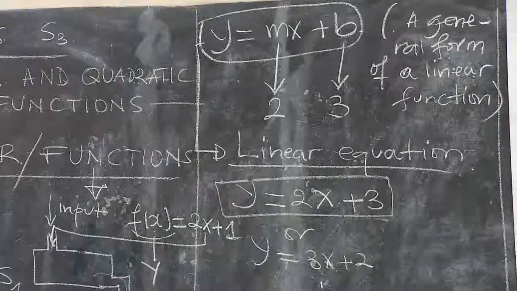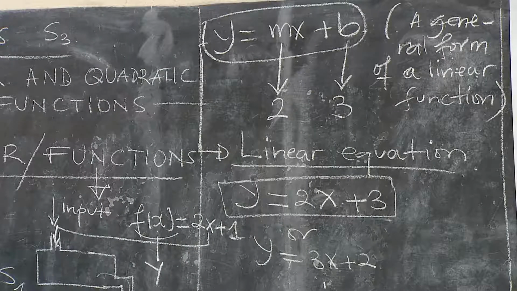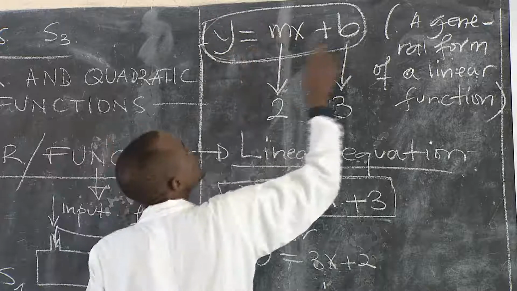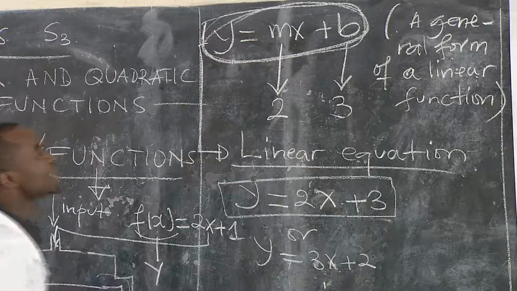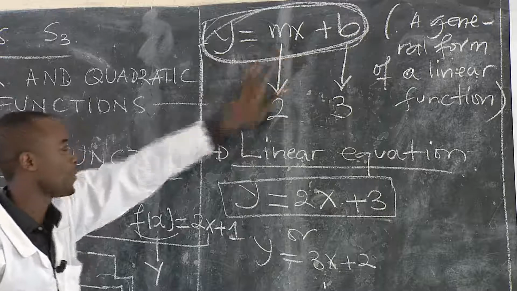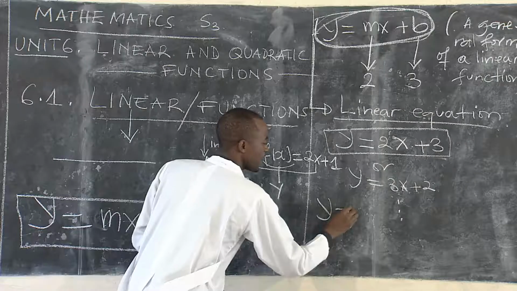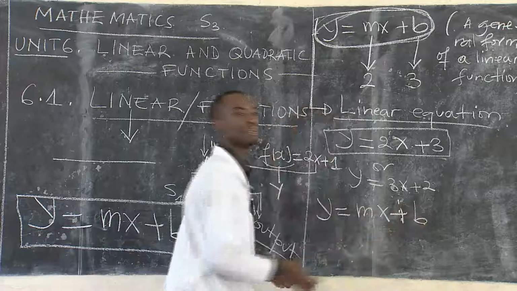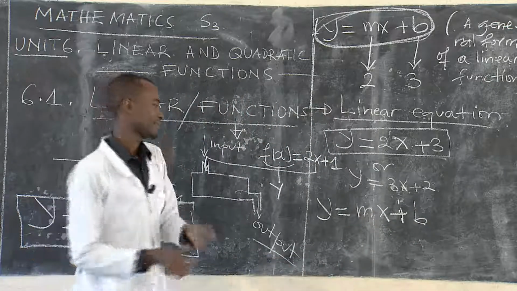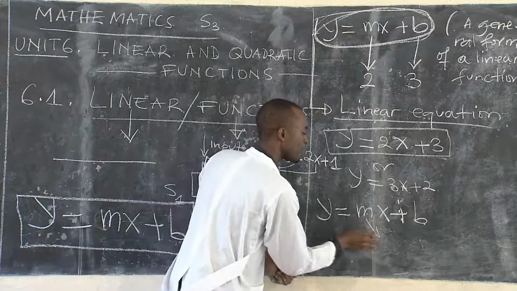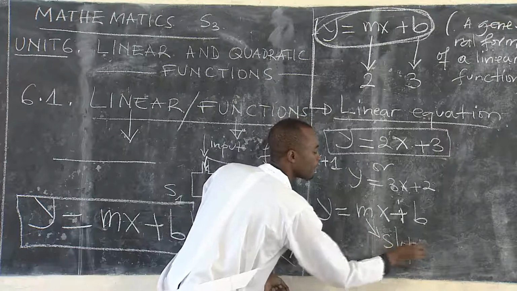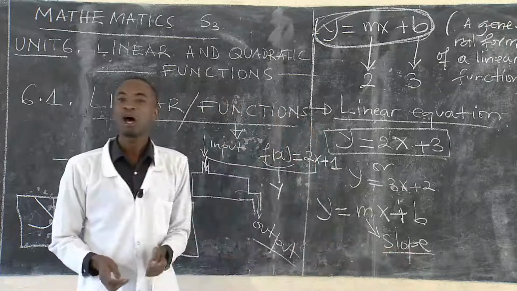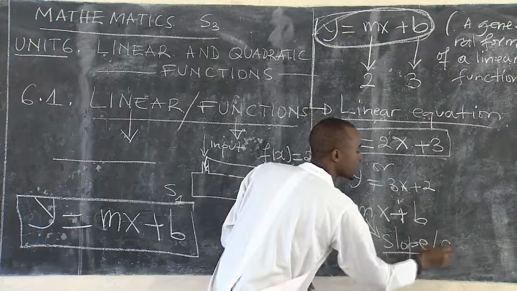Now, we are going to learn something also new under this linear function. From here, we need also to specify what each and every letter stands for. Whenever I have y = mx + b, I want you to know this: this m, we call it slope, or we can also call it a gradient.